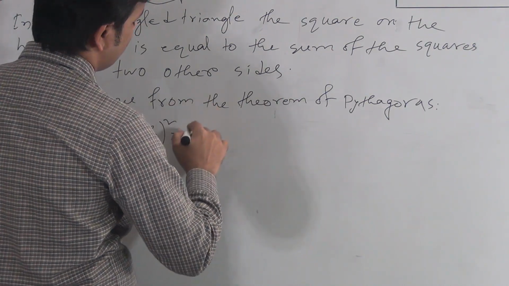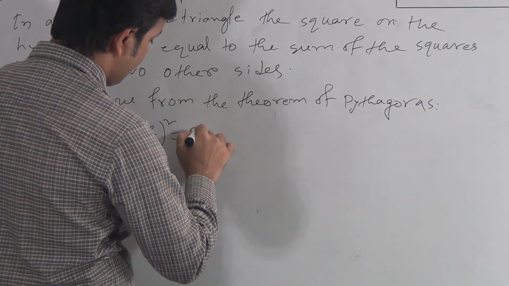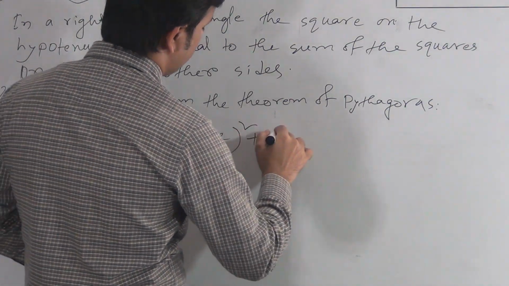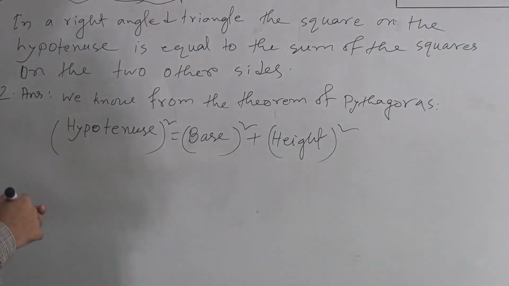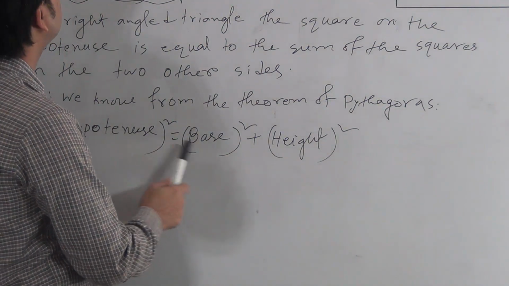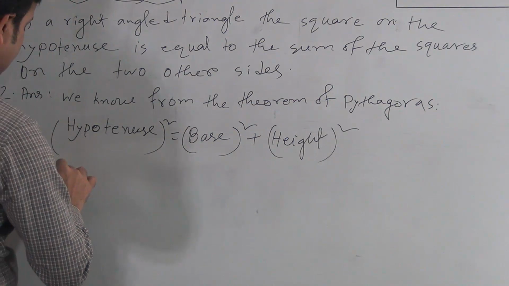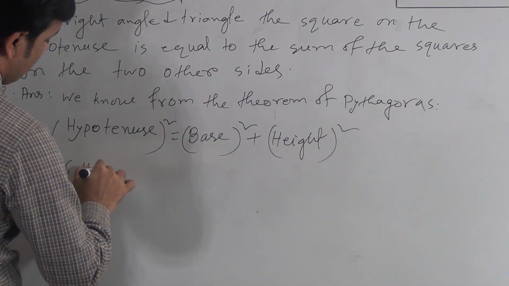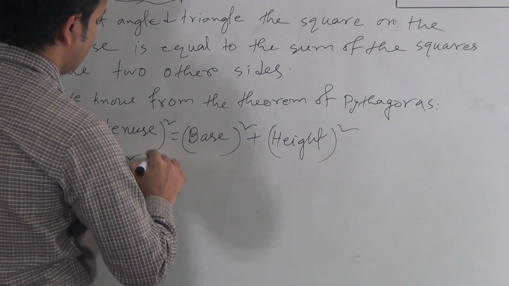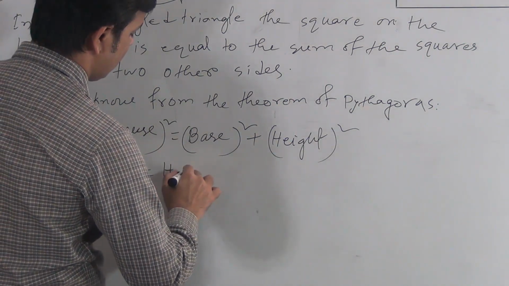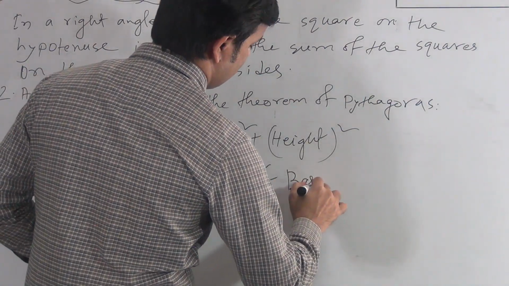It means that base, height. So if we consider the ratio of base and hypotenuse is 5:13, then the height will be, so we can write here, height square will be equal to hypotenuse square minus base square.